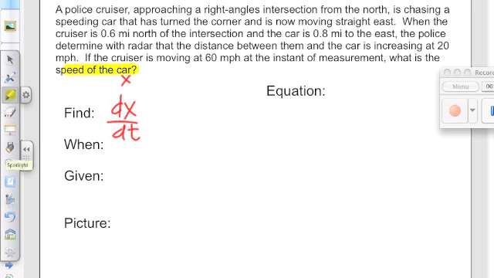Second thing is when. It says if the cruiser is moving at 60 miles per hour, so I know I want it to be when this is 60 miles per hour. The cruiser is the police, so I'm going to call this Y. If this is a speed, what does that tell us? Anyone?